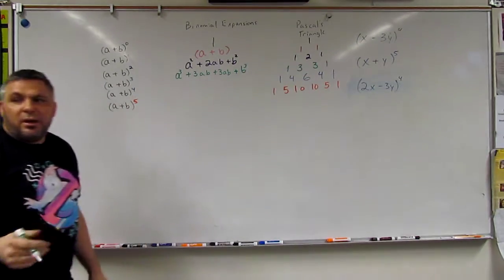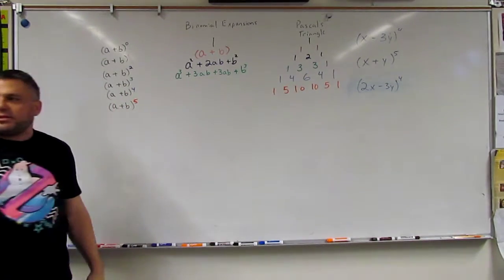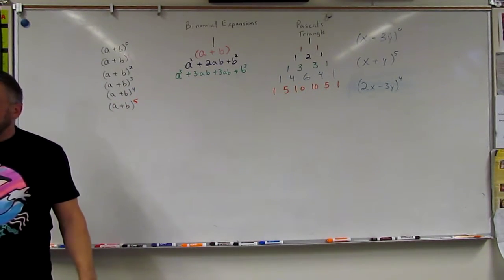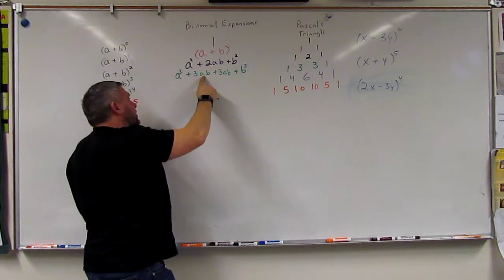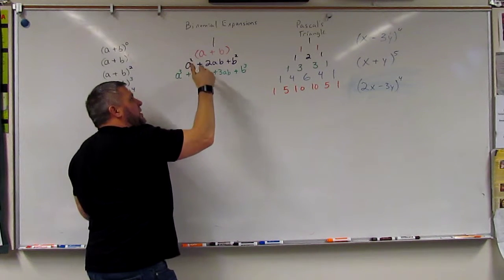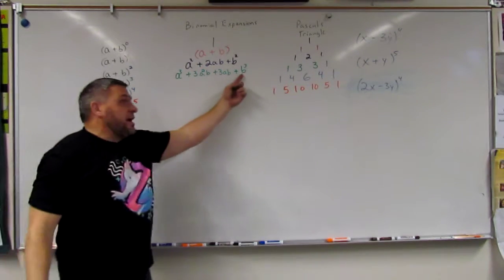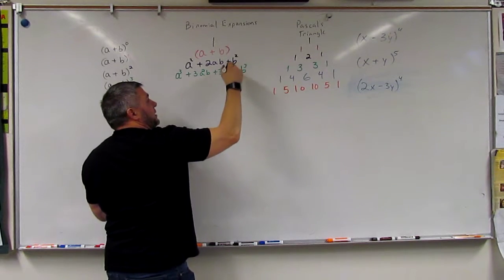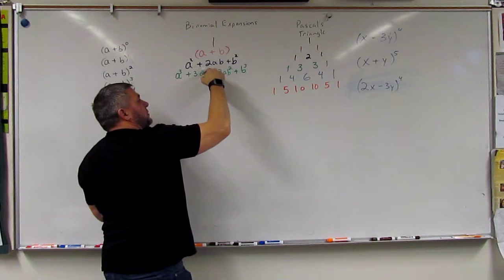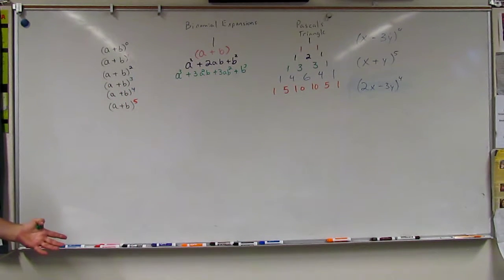But we need to know what are these exponents. And so think, this one's a 3, what's this one? 3. No, 3, 2, 1. And then none. Then what's this one? 3, 2, 1. And then none. And that's the pattern.